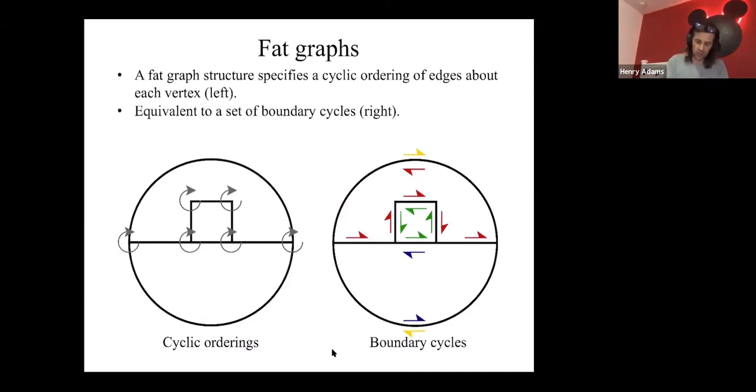From the cyclic ordering data, which we're assuming we can measure, you can recover something called boundary cycles. Don't think boundary cycles coming from homology. How do I recover a boundary cycle? Start with a directed edge, use the cyclic order information at this sensor to get the next directed edge. Then use the cyclic order information at this sensor to get the next directed edge.